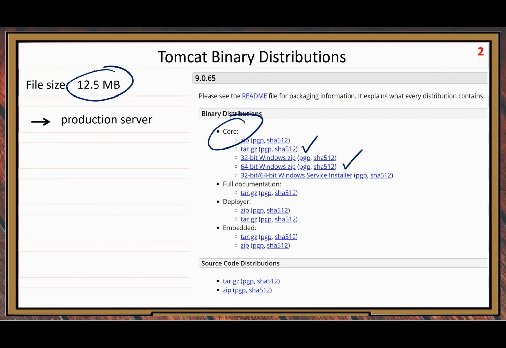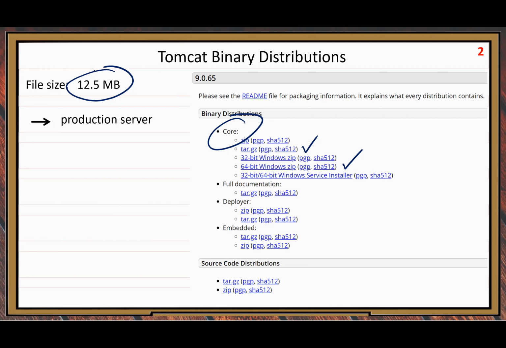You know the production server, right? The companies, many mid-size, small size, but not big size companies, they can use the server in there to run their real-world Java applications.